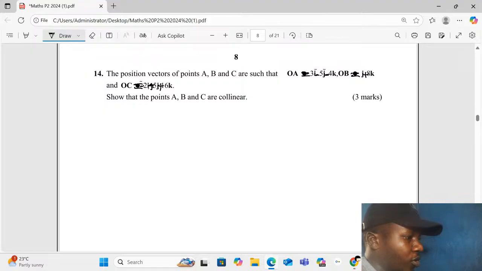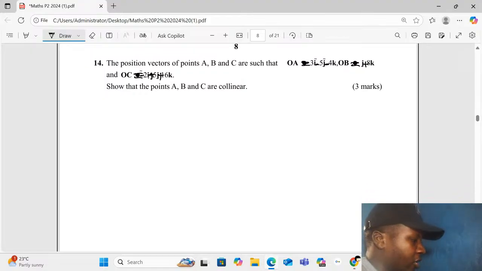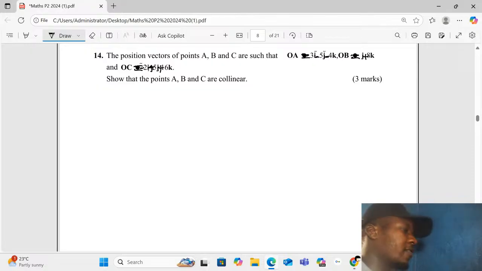Now show that the points A, B, and C are collinear. So point AB, from the given, OA is that one, then OC is that, and OB is given.